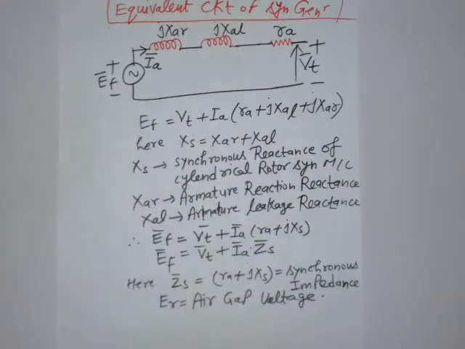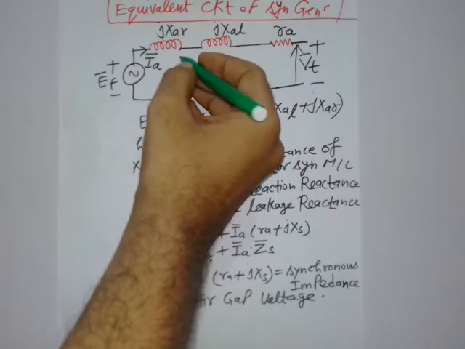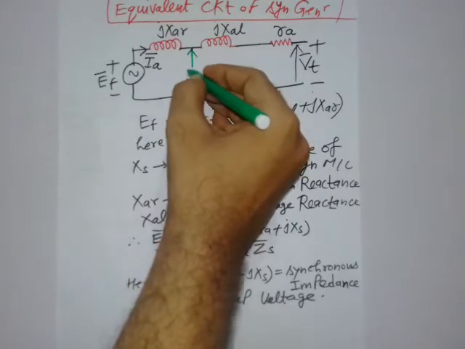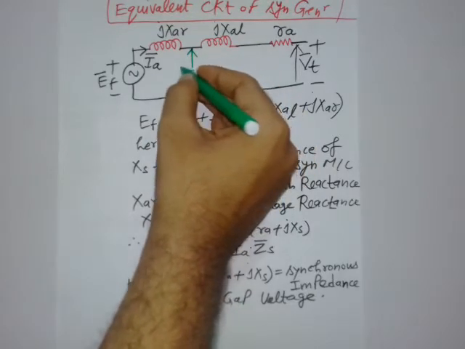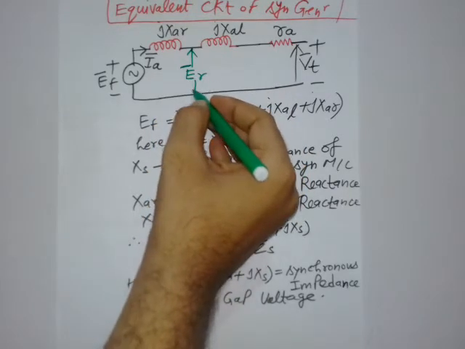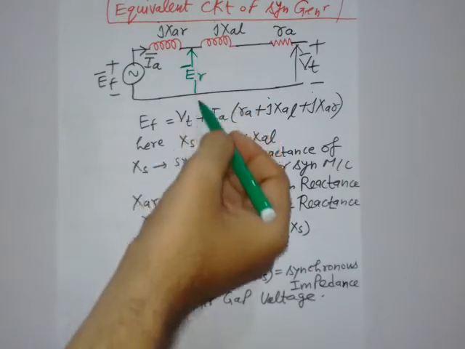Here the voltage at this point is called the air gap voltage ER, and again it is a phasor value. So this is the air gap voltage.